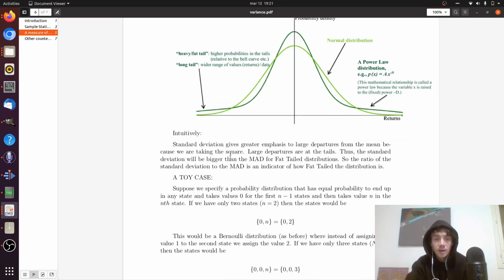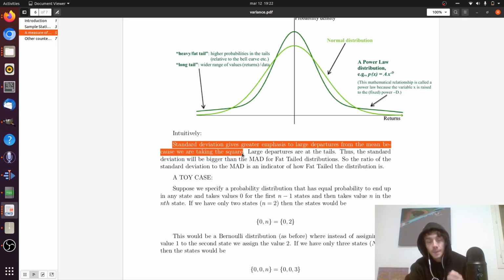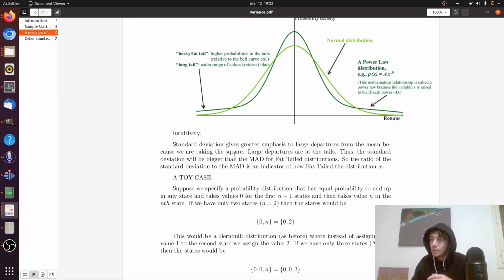Anyway, now why is the ratio of the standard deviation to the mean absolute deviation a measure of how fat the tails are, a proxy for how fat the tails are of a distribution? Well, as it says here, the standard deviation gives greater emphasis to large departures from the mean because we are taking the square. Outcomes that are very far away from the mean are going to be assigned an even greater magnitude after they're squared than if you only take the absolute values.